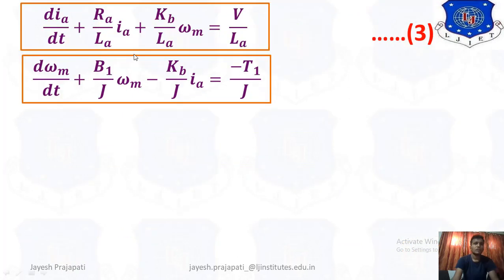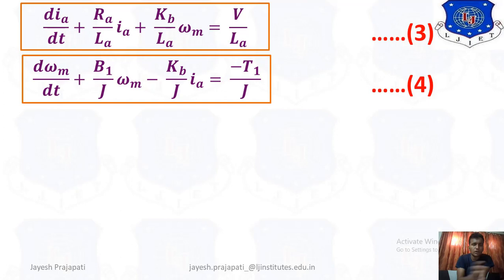d omega m by dt plus b1 divided by j omega m minus kb divided by j ia is equal to minus t1 divided by j. So we have only substituted the induced emf equation and the air gap torque Te equation into these two equations, so this becomes equations number 3 and 4.